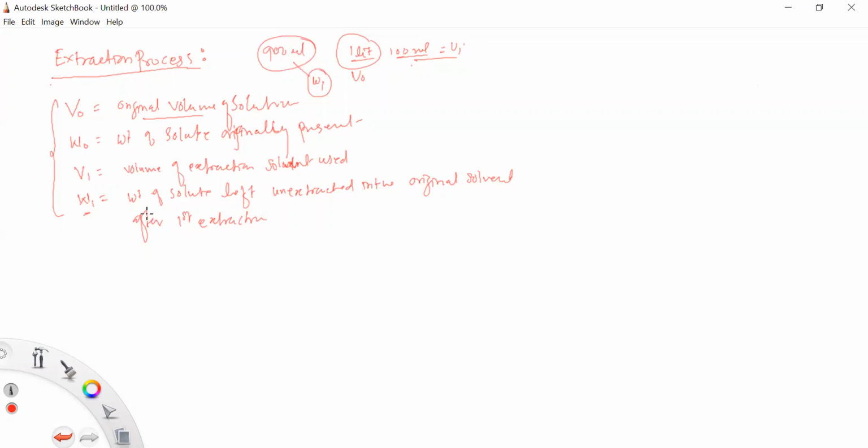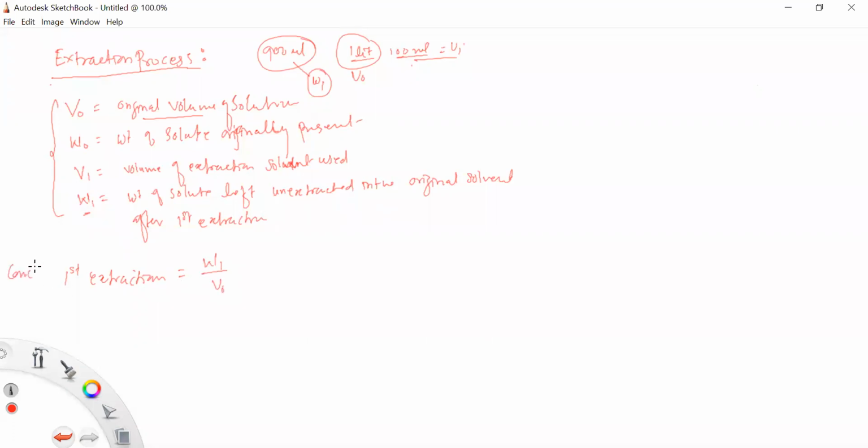The concentration of solute in the original solvent after the first extraction is W1 upon V0.